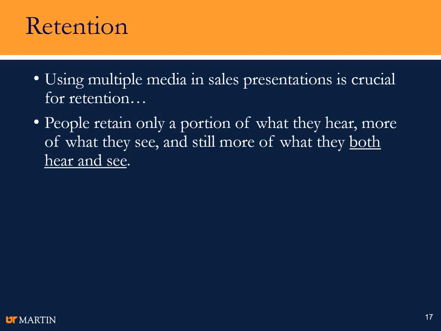So the more verbal engagement you get, the more nonverbal engagement you get, the better off you'll be. So you're going to maximize your customer's ability to retain information by maximizing your sensory elements of your presentation. So you want to make sure that they can see, hear, and feel all the things in your presentation so that they retain them.